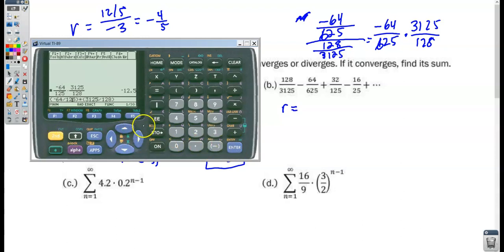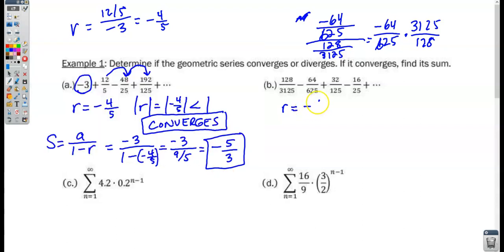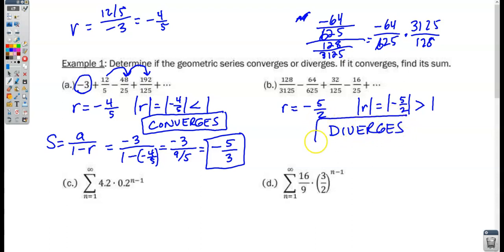So this is going to be a 625. Now I get that r is equal to -5/2. All right, so the absolute value of r is the absolute value of -5/2. That is greater than 1. Therefore, this geometric series diverges.